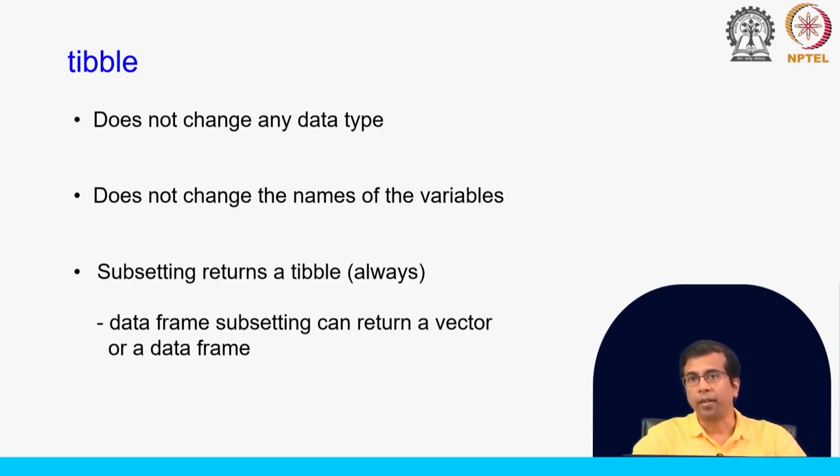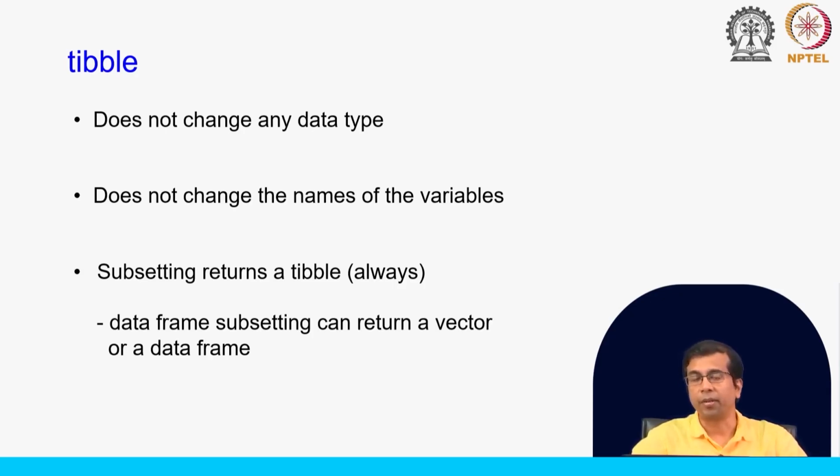The other thing that is different compared to data frame is when you subset, right, when we want to take a subset of the table, it will always return another table. Okay. So, whichever way you do the subsetting, it will always return a table. Whereas, for data frame this is not the case, right.